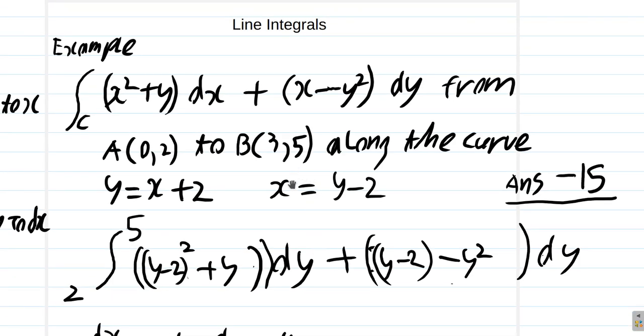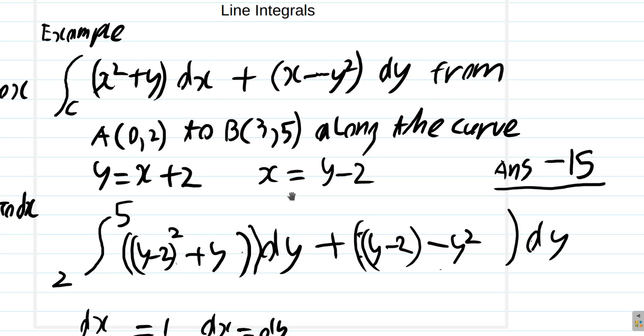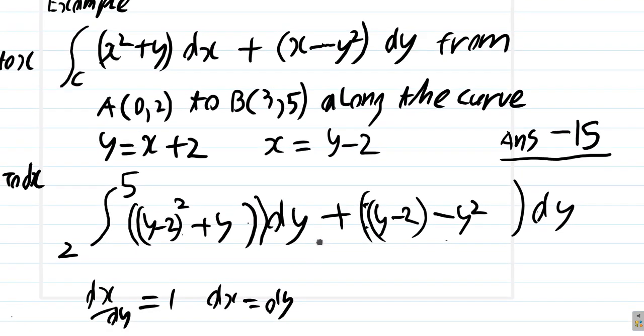So x equals y minus 2, dx by dy. So we have x is y minus 2. So y minus 2 squared plus y dy, same thing as dx, plus y minus 2 minus y squared dy.